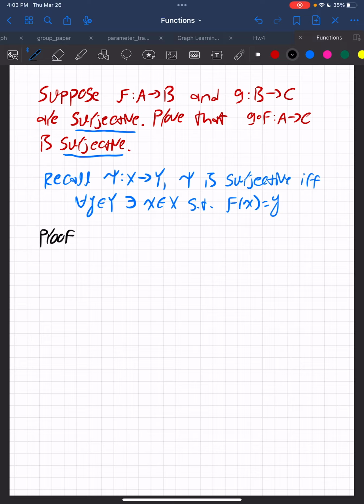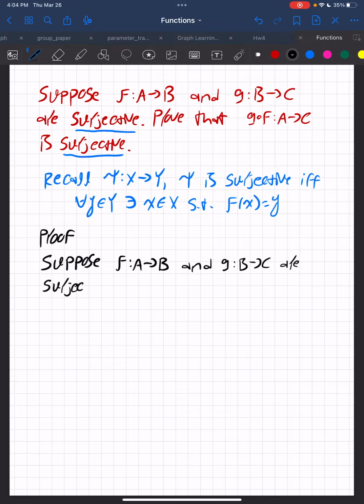Now remember, when you actually start the proof, you should always just rewrite the assumptions you're making and then write what you're trying to show. So we're supposing that we have a function f from A to B and g from B to C, which are surjective. And we want to show that the composition of g and f is also surjective.